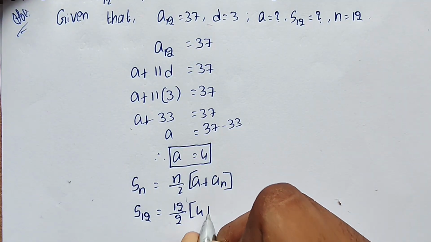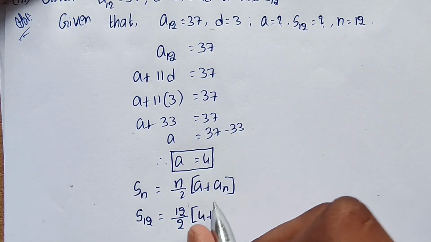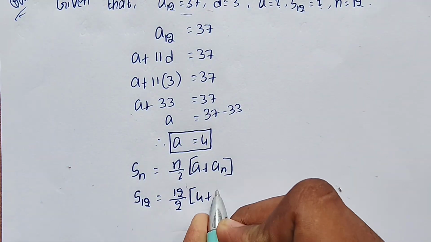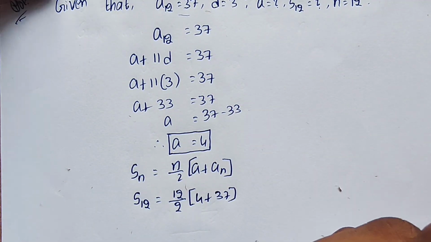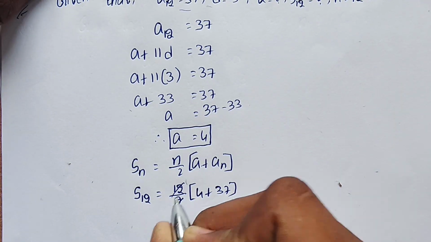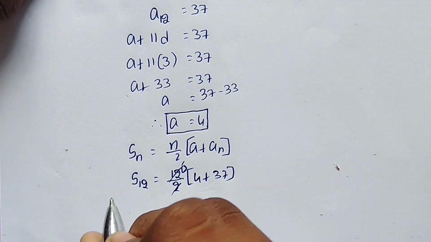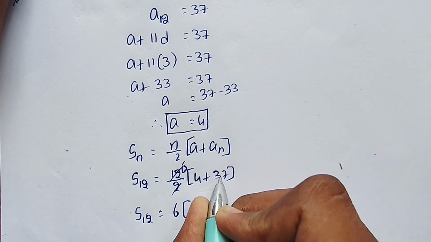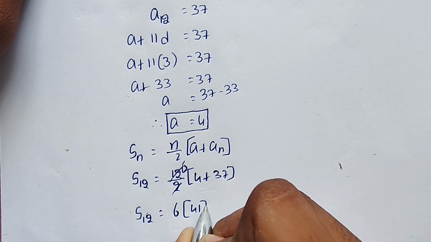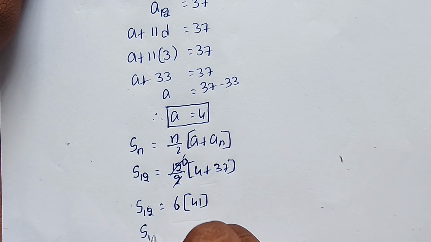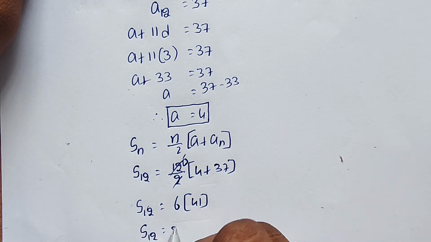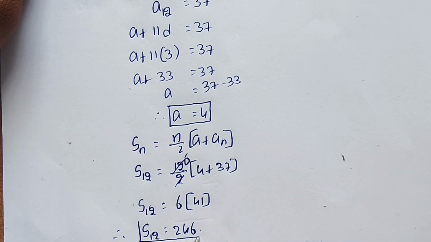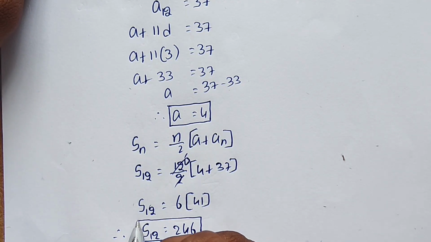So 4 plus the value of a base 12, the 12th term, is 37. So 2 ones are 2, 6 twos are 12. The sum of 12 terms is equal to 6 of 37 plus 4, 41. So the sum of 12 terms is equal to 6 into 41, 246. Therefore, we got the sum of 12 terms is equal to 246.